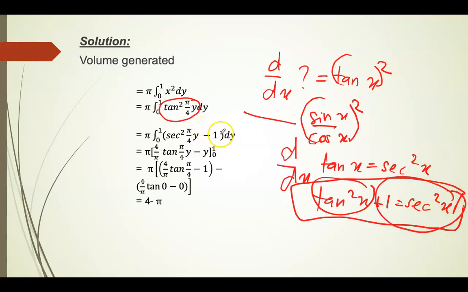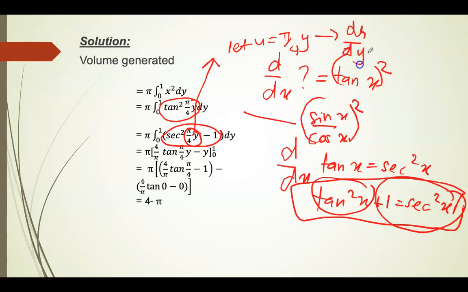So that is just what we did. We changed it to be in terms of secant squared x. But mind you, right here is a function on its own. So you're going to let u equal pi over 4 y. So that means that du over dy is equal to pi over 4.